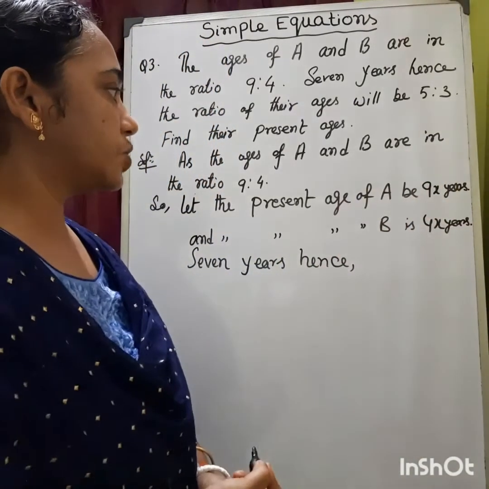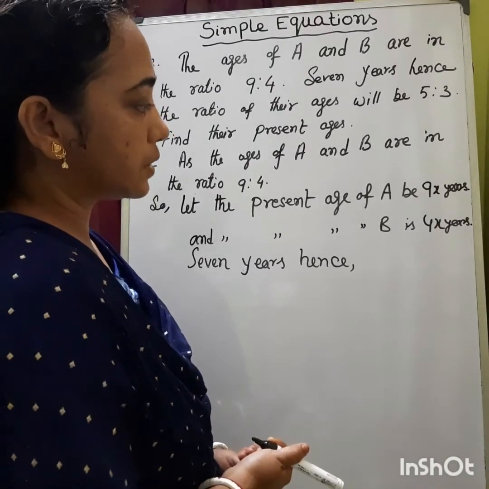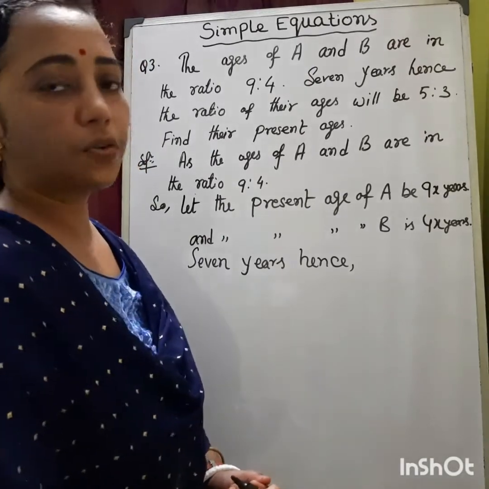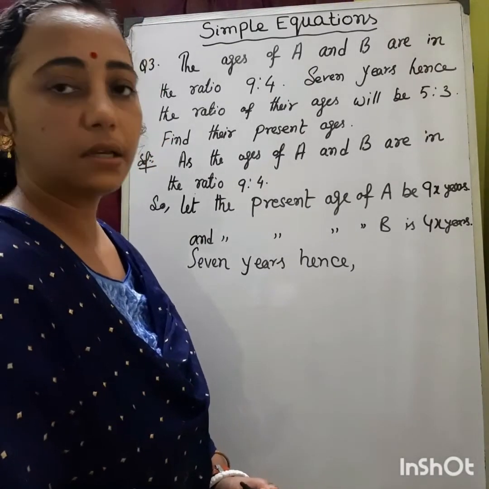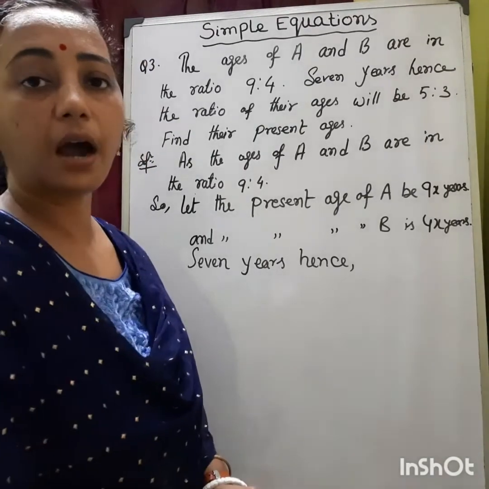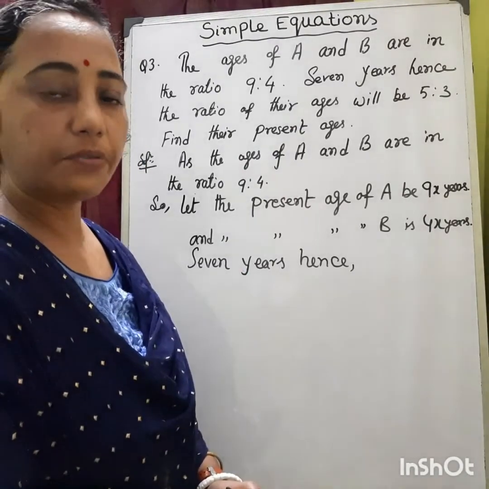Because they are in the ratio 9:4, they have a common multiple, which I have taken as x. So the present age of A is 9x years and the present age of B is 4x years. Now 7 years hence means after 7 years, their ages will be increased by 7 years.